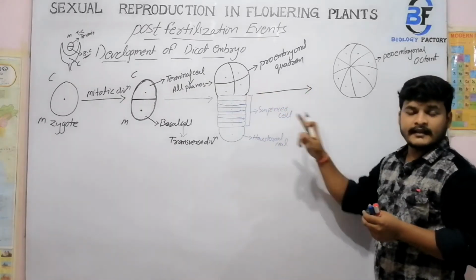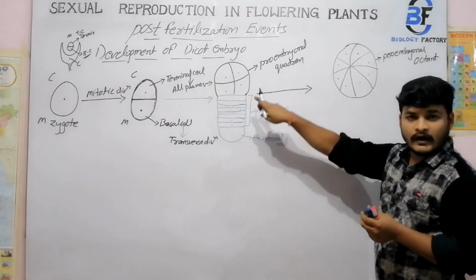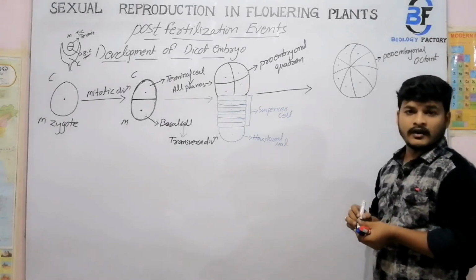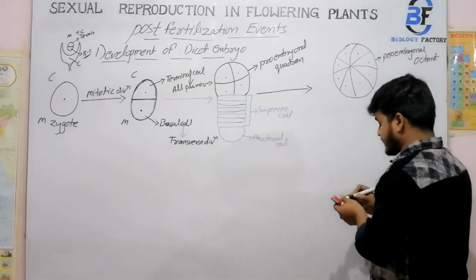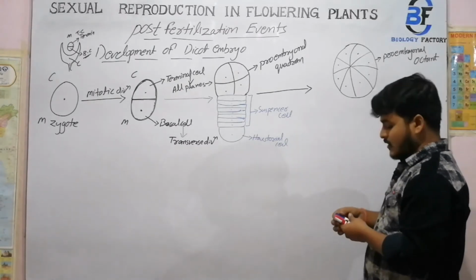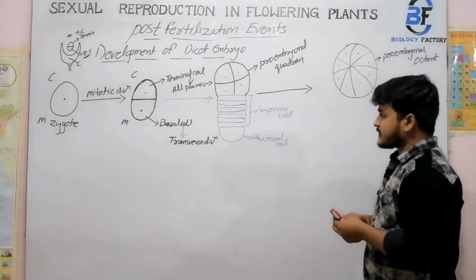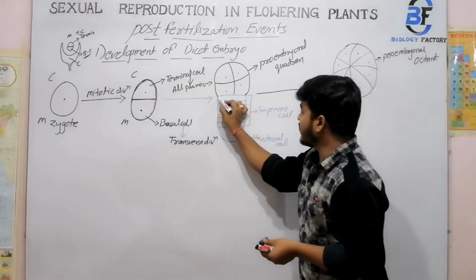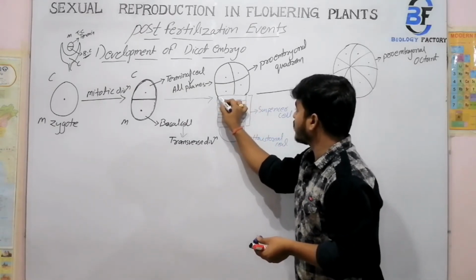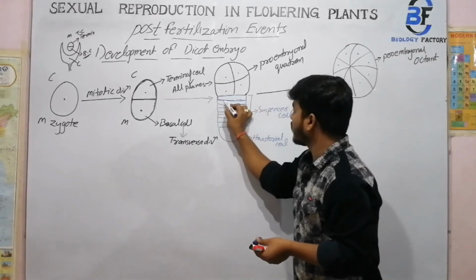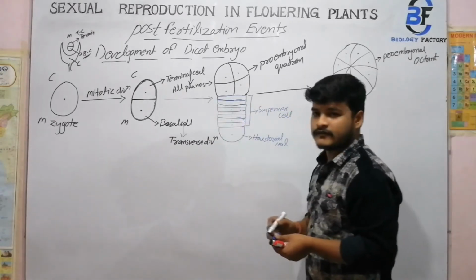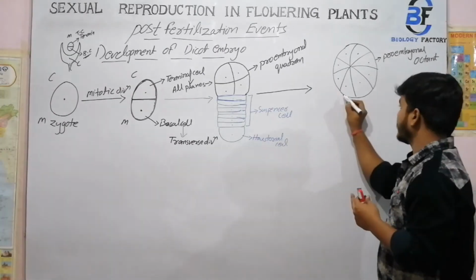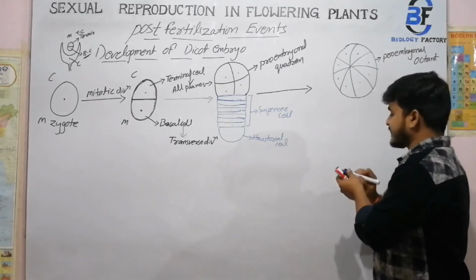As there are 4 cells, it is known as your proembryonal quadrant. Here there are 8 cells, so it is known as your proembryonal octant. Next, what happens? The first cell of the suspensor, which is attached to your proembryo, changes.